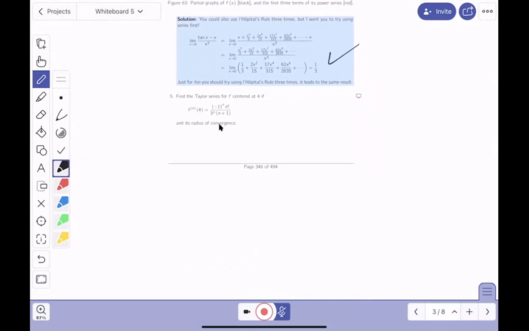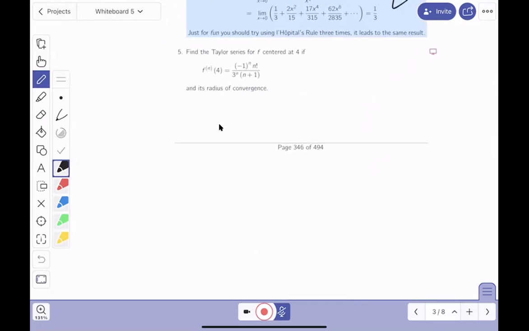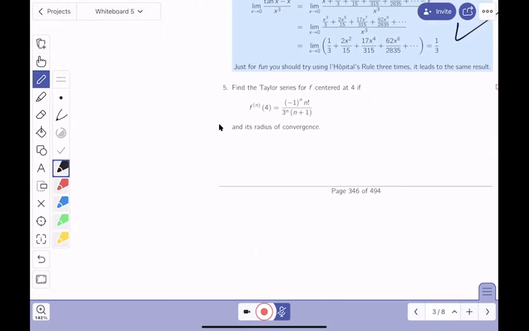All right, find the Taylor polynomial. These are always kind of annoying for students, but I want to point out they want the Taylor polynomial centered at 4. So I'm going to have to write it down. The way to write this down is knowing the Taylor polynomial centered at 4.